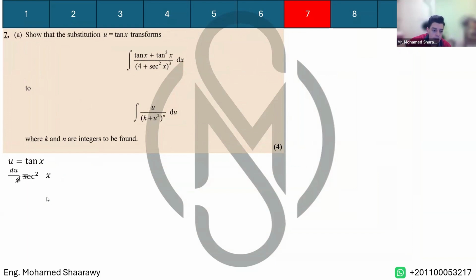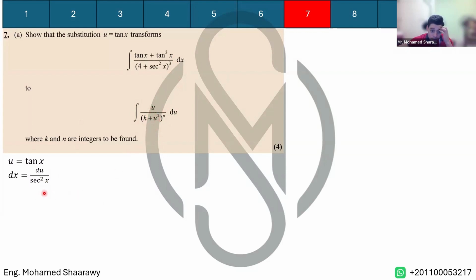Okay, here I did a trick. So, no, I didn't do anything right now. So the differentiation of tan x is just sec squared x. It's easy. And now I'm trying to make dx the subject in order to replace it later. So dx is du over sec squared x. Now I can make a very good trick because as you can see, this integral is all in terms of u.